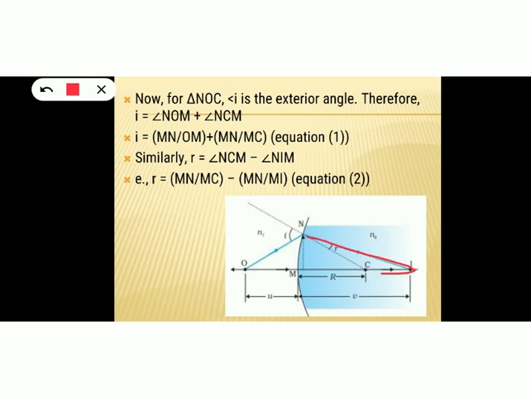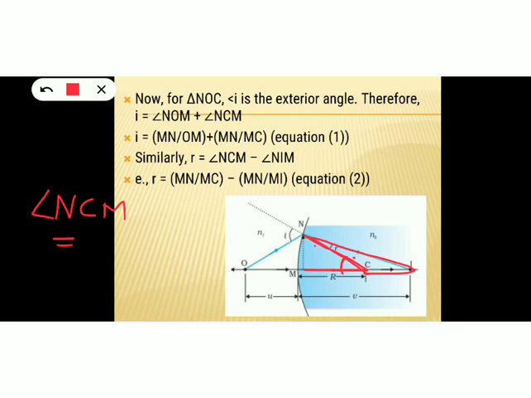Consider the triangle NIC. This triangle. Okay. Now here for this triangle, if we consider this angle, it will be an exterior angle for the triangle NIC, isn't it? So which is the exterior angle? Exterior angle is NCM. So angle NCM is an exterior angle for the triangle NIC.